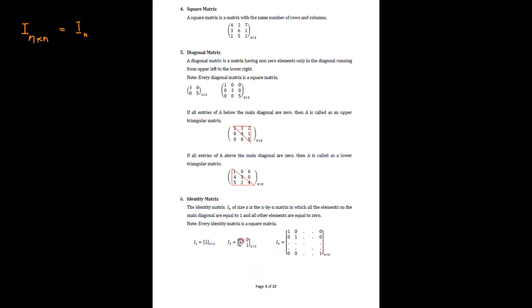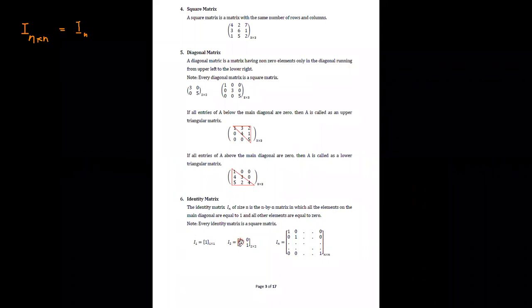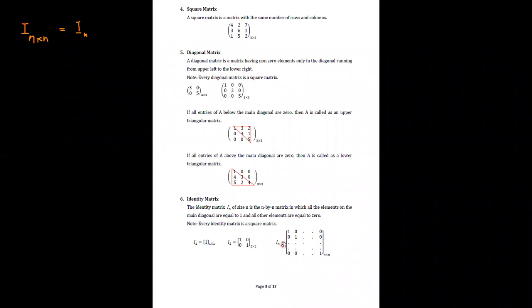Now you can see that 2 rows and 2 columns are there, and only the elements in the main diagonal are ones. Apart from that, all the other elements are zeros. This concept extends to n number of rows and n number of columns.